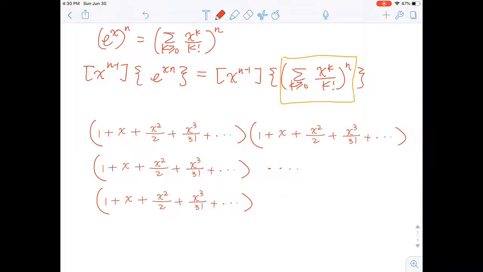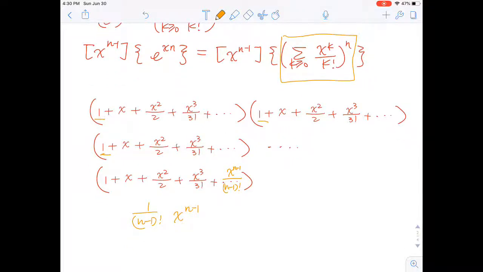Well, if I pick 1 here and 1 here, all the ones, and then in the final one, I will pick the term with x to the n minus 1, which will have the coefficient 1 over n minus 1 factorial. Then I will get something with x to the power of n minus 1.